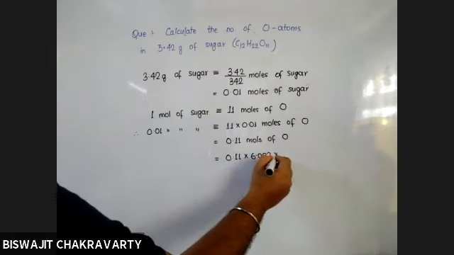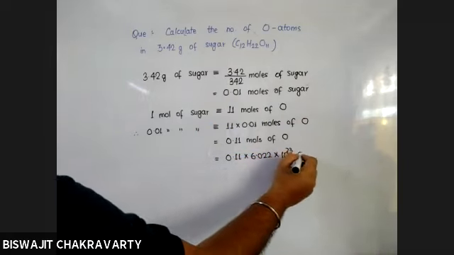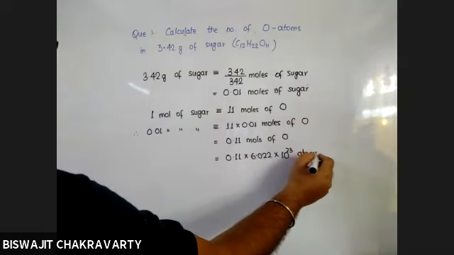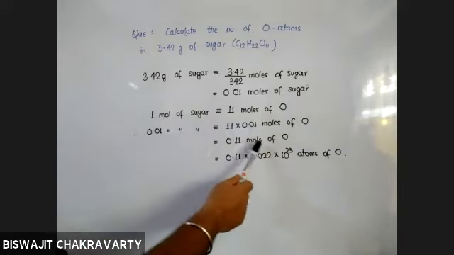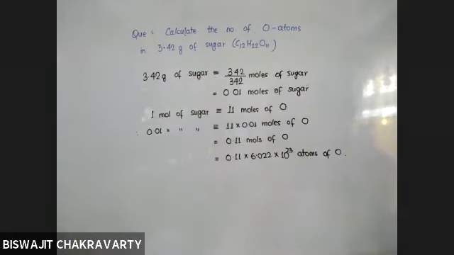Have you understood? So keep it in moles, and in the final step multiply this with Avogadro's number.